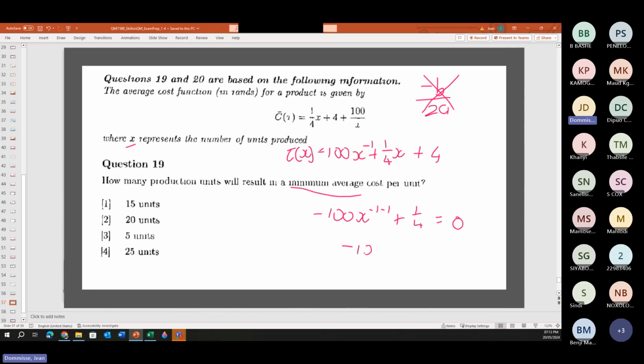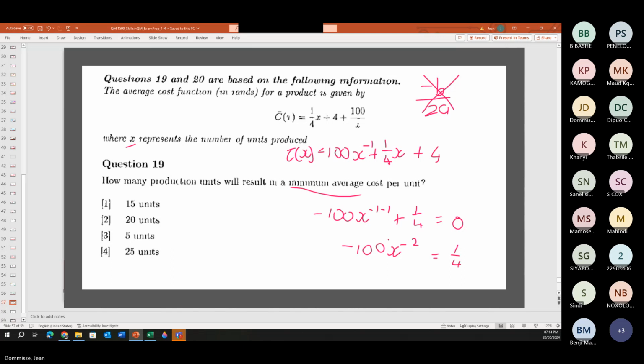So minus 100 x to the power of minus 2, that must be equal to 1 over 4. Okay, this doesn't really work out very nicely, but let's quickly see.